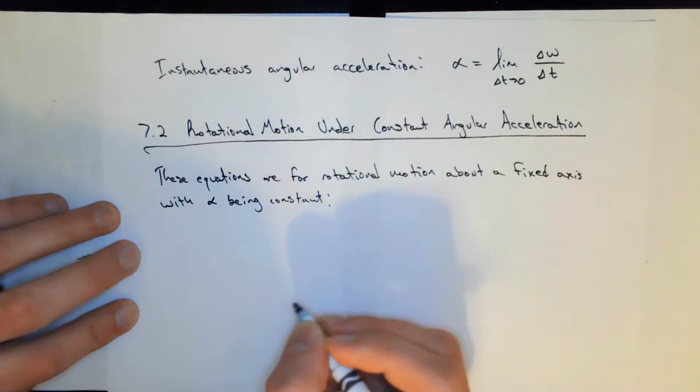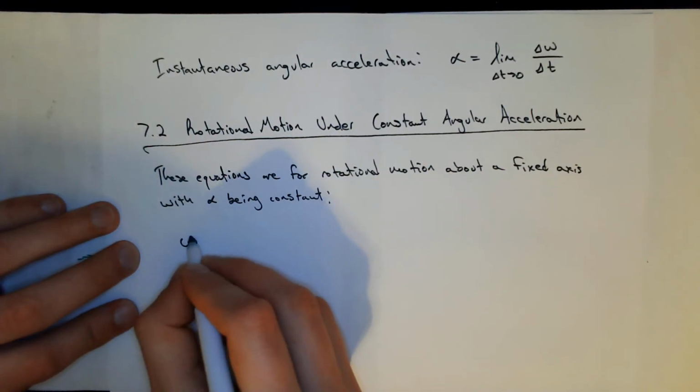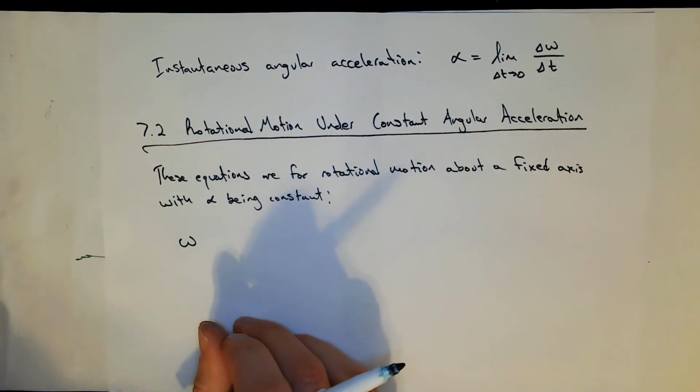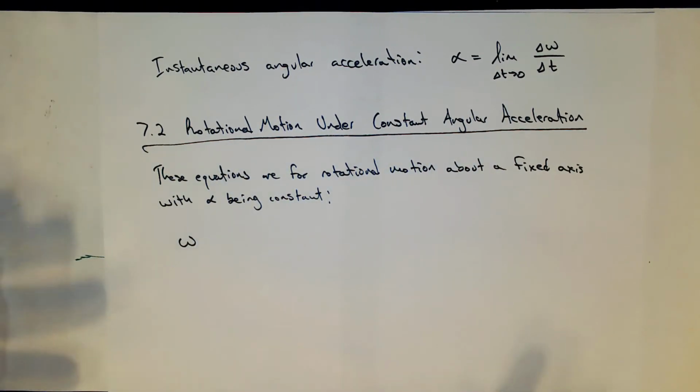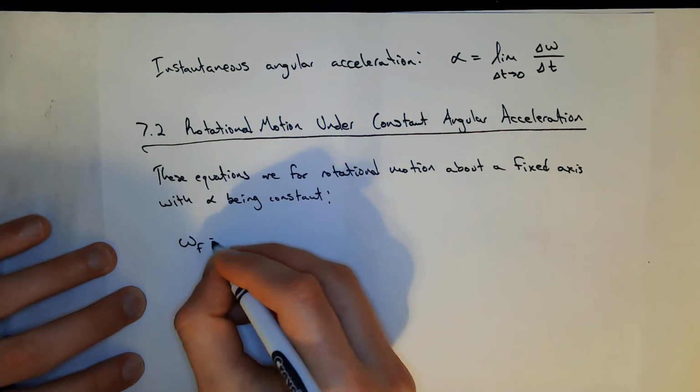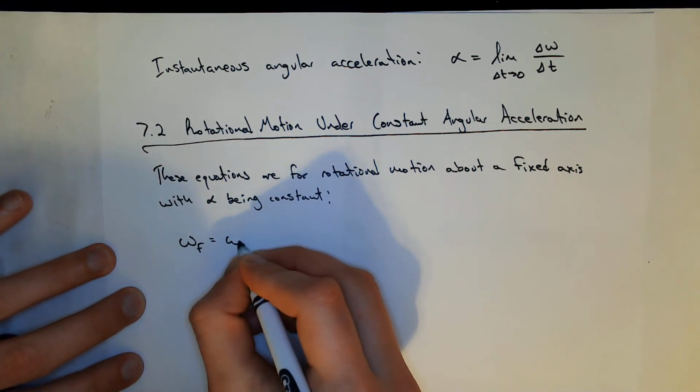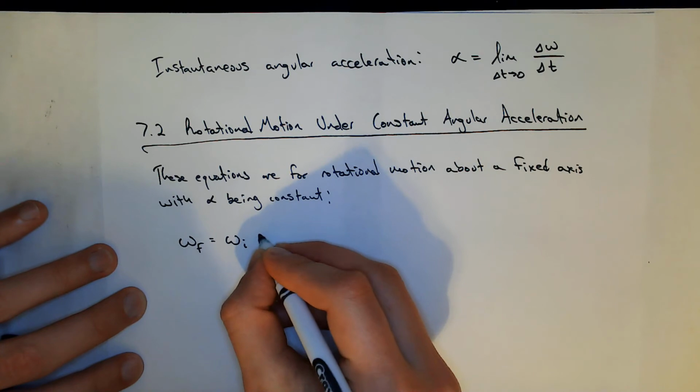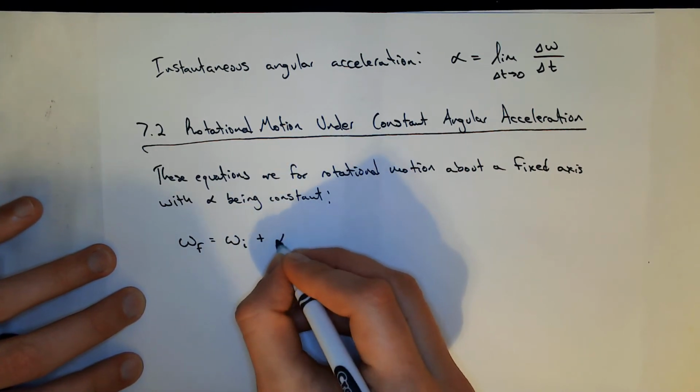And here they are. We have omega. Again, notation issues. I'm going to use final and initial because that makes the most sense to me. Omega final is equal to omega initial plus alpha t.